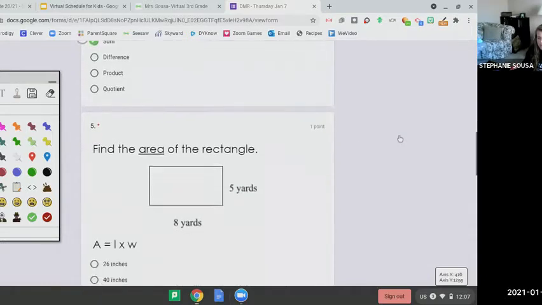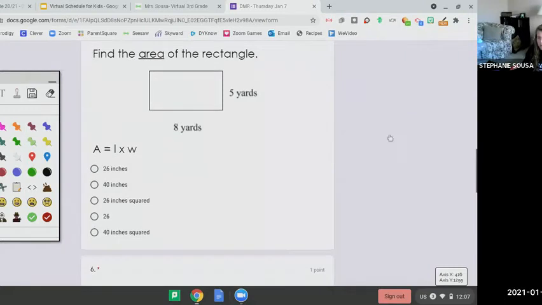Lovely. Find the area of the rectangle. We have a nice big hint right here that area is the same thing as length times width. I have a length of 8 yards. I have a width of 5 yards. So I'm going to multiply 8 5 times or 5 8 times.